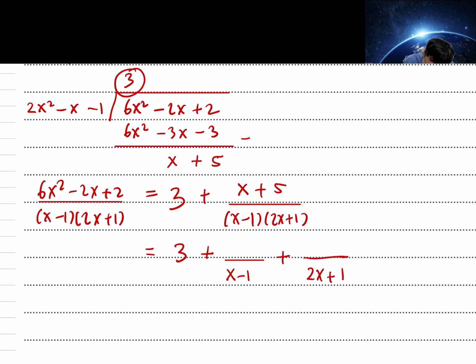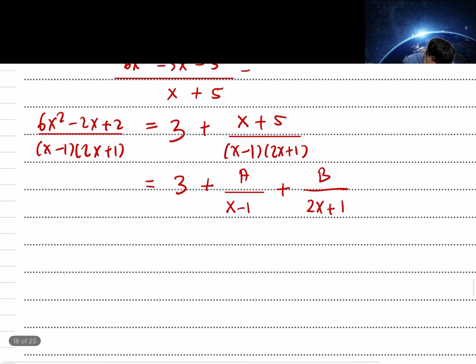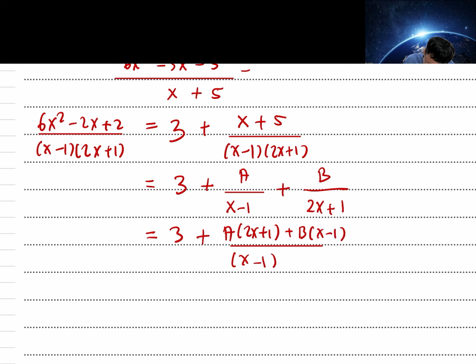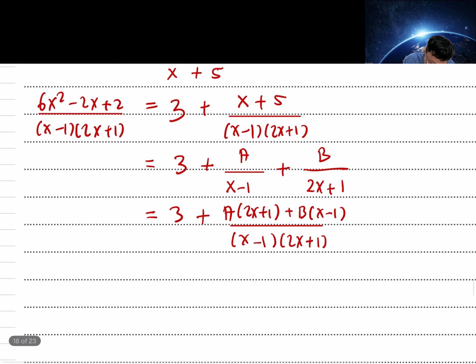So this one we get A and B. Now we can combine again. So we get A times 2x plus 1 plus B times x minus 1. Now, once again, we compare x plus 5 with this. So we get x plus 5 equals A times 2x plus 1 plus B times x minus 1.